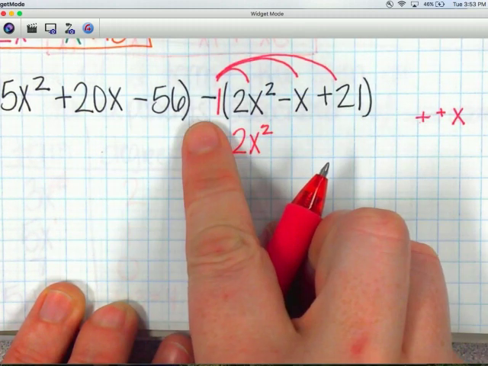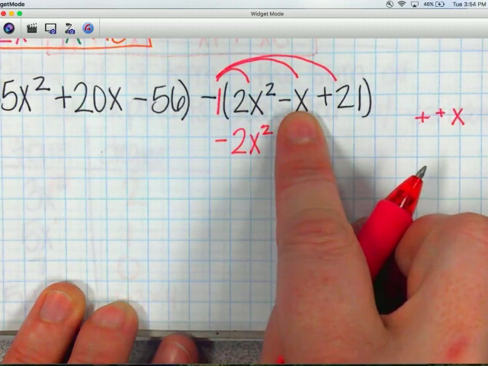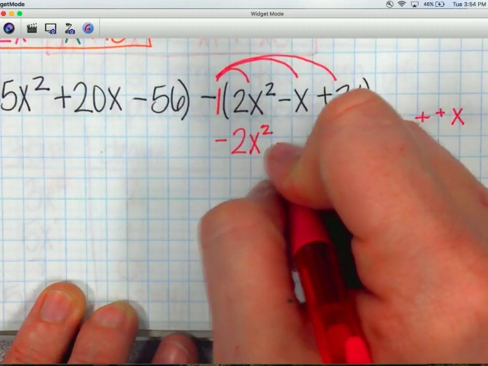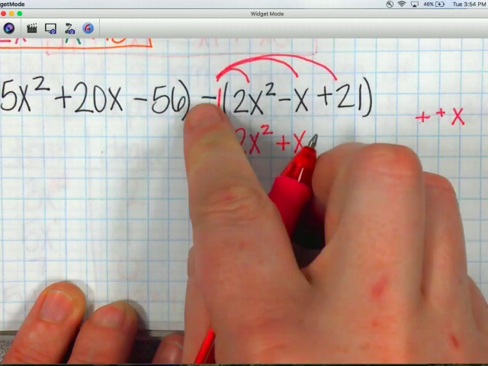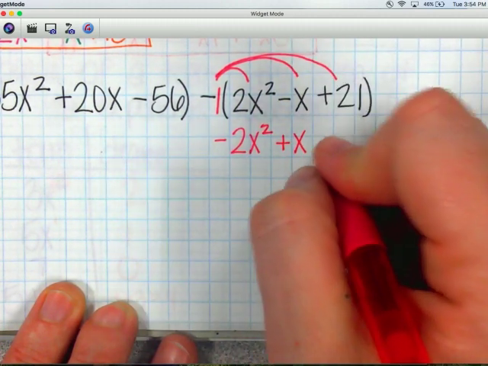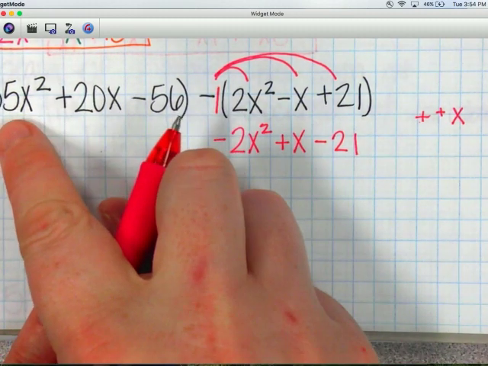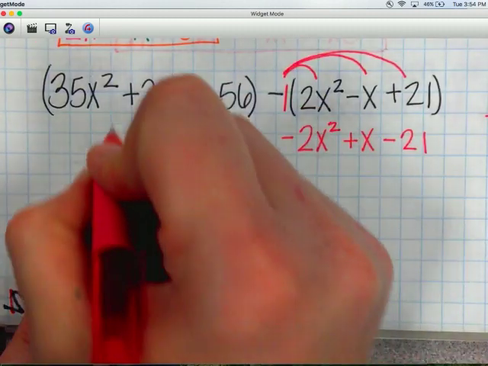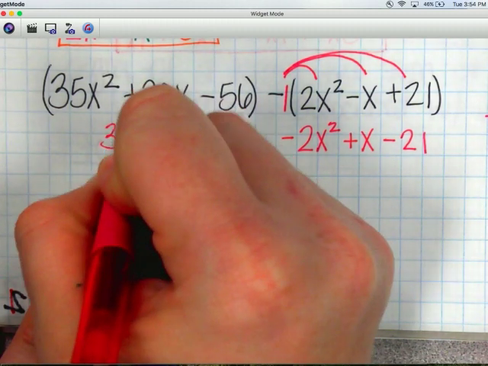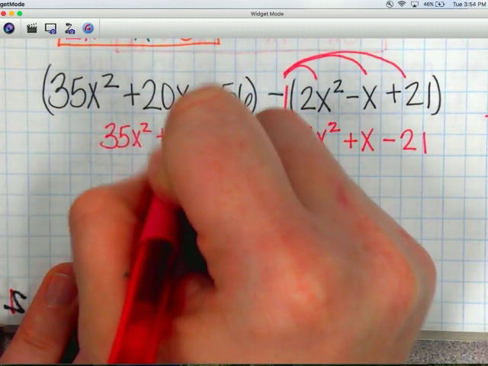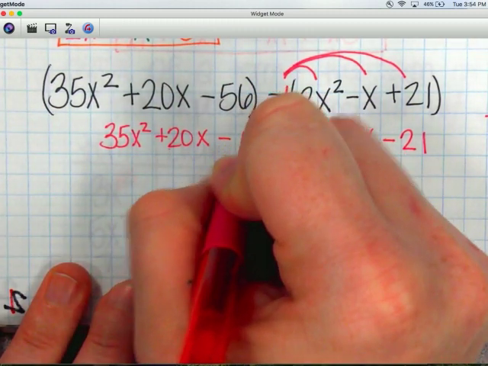A negative times a negative x is a positive x. And a negative times a positive 21 is a negative 21. Okay, this stuff didn't change, so it's exactly the same. So it'd be 35x squared plus 20x minus 56.